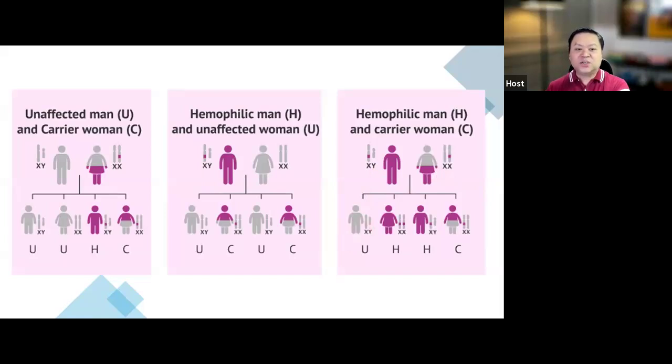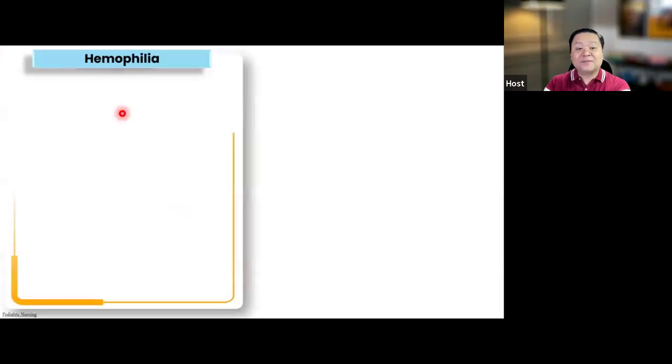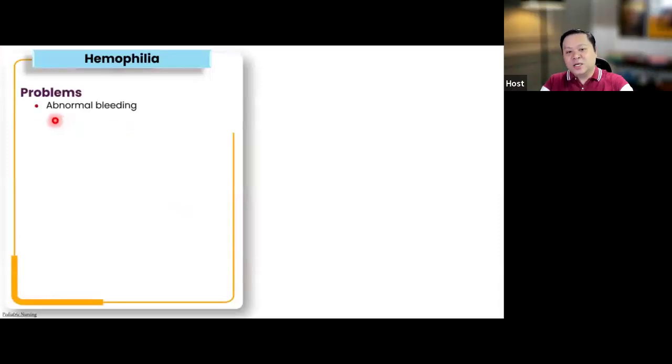Now let's move on to the assessment findings and the common problems that you may encounter when taking care of this pediatric patient with hemophilia. The first problem you might see is abnormal bleeding. This is commonly detected, especially at birth.